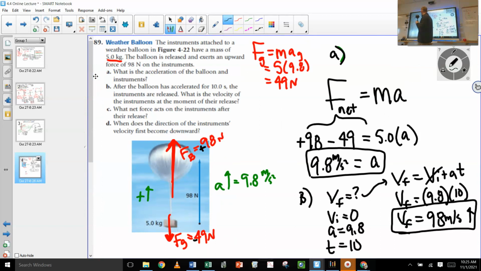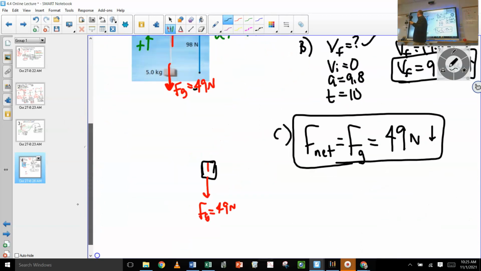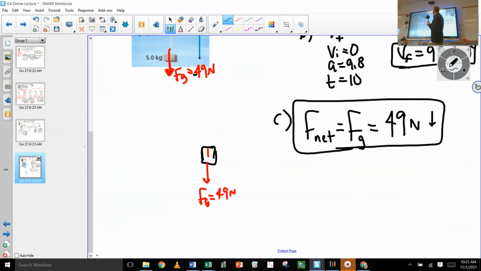And then part D says, when does the direction of the instrument's velocity first become downward? So what's happening is, at the very beginning, as soon as the balloon pops, we found out that it was moving 98 meters per second. That's what we found out in this part right here. So it's going up and it's slowing down, and then it comes to a stop.